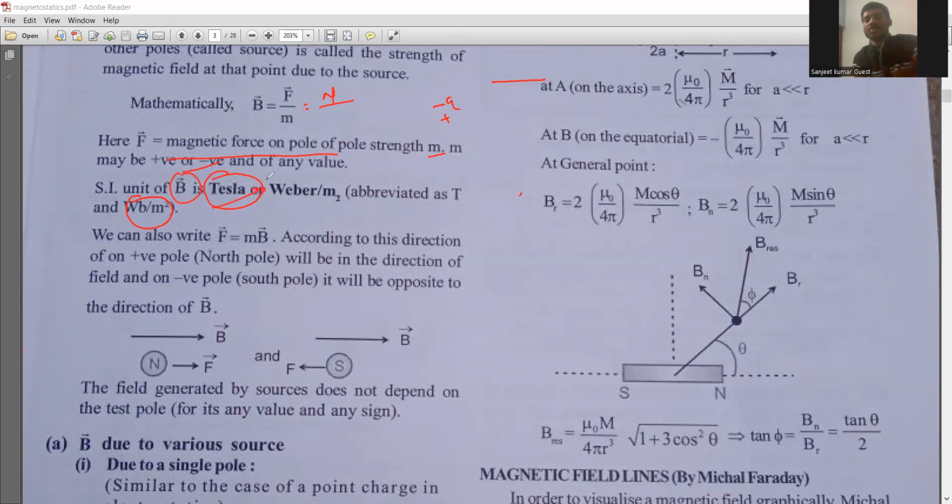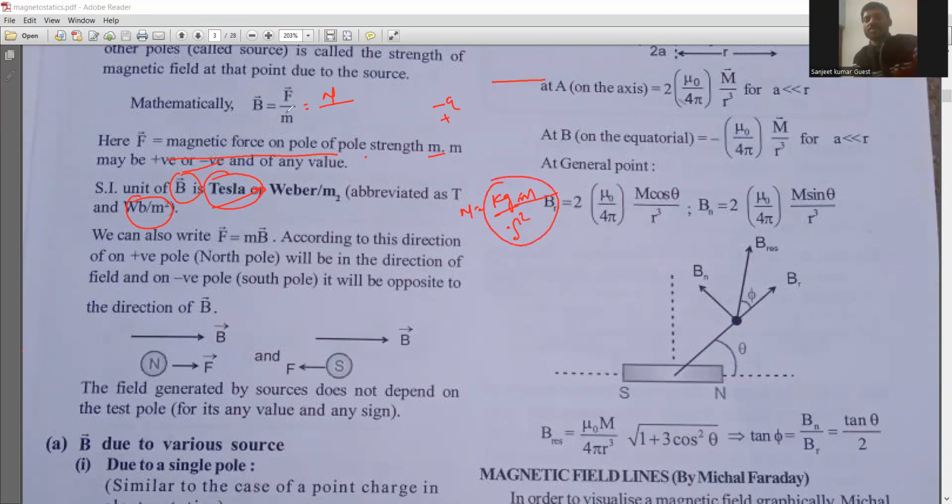I think this kind of question comes in the board examination. So what is the unit of magnetic field? You can check here the force is Newton, and 1 Newton equals mass into acceleration, kg meter per second squared.